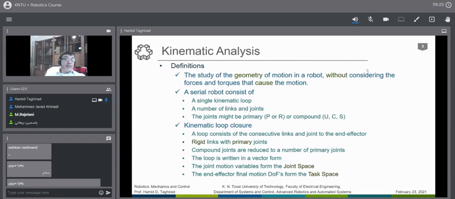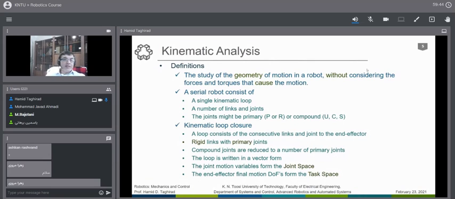So we have a single kinematic loop. We defined the kinematic loops at the beginning of the last chapter. But in a serial manipulator, we have a single kinematic loop which is open. It is not closed, it is open.